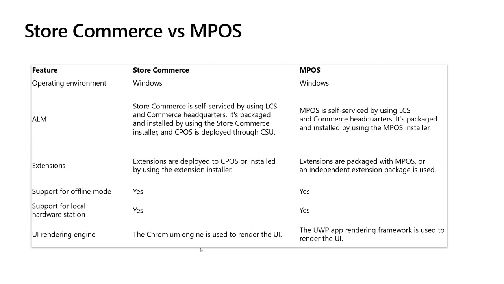The biggest piece from there is extensions. So in Modern Point of Sale, everything got bundled together and you end up getting an independent package that is signed and generated by the customer. In Store Commerce, we have split that apart.